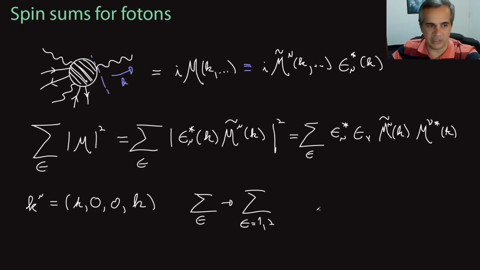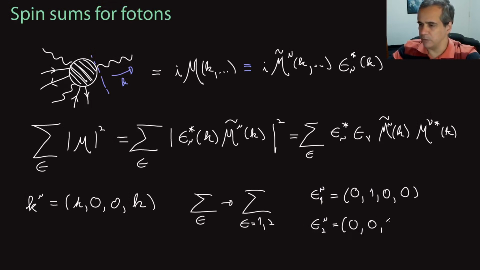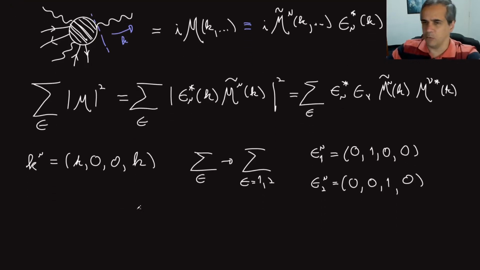There are only two polarizations, where epsilon 1 mu will be this one, and epsilon 2 mu will be this one, the only two transverse polarizations to that momentum. And then, of course, that sum becomes real simple.